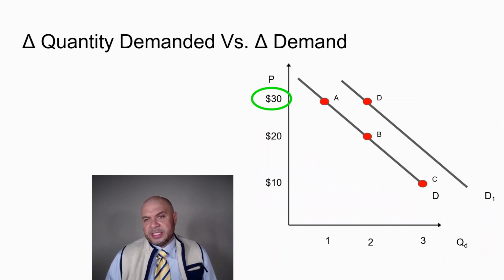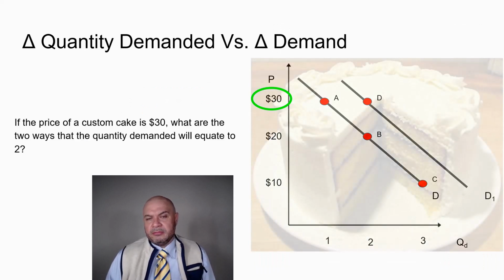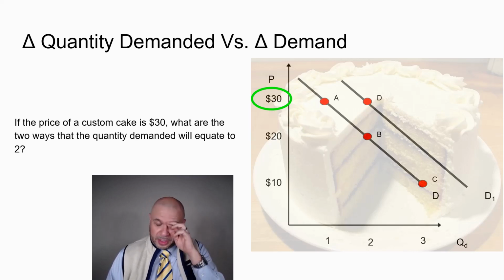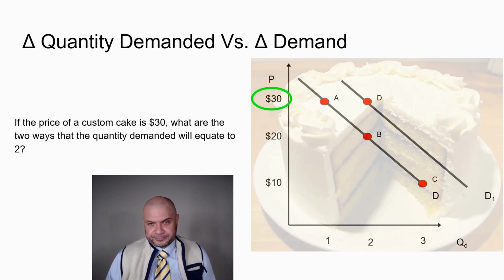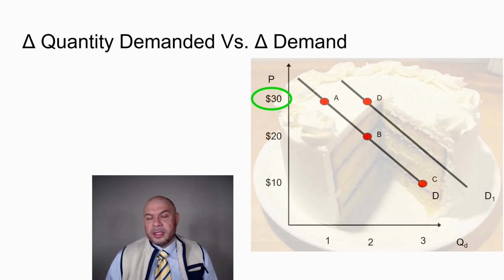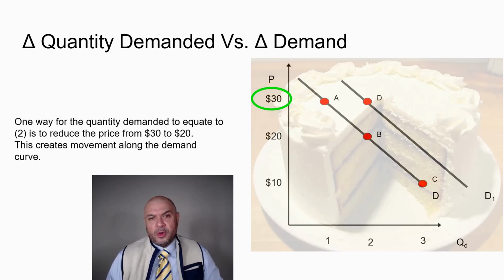All right, so quantity demanded versus demand, change in demand. If the price of a custom cake is $30, what are the two ways that the quantity demanded will equate to two cakes, right? So there's two options. The first: one way for the quantity demanded to equate to two is to reduce the price from $30 to $20.